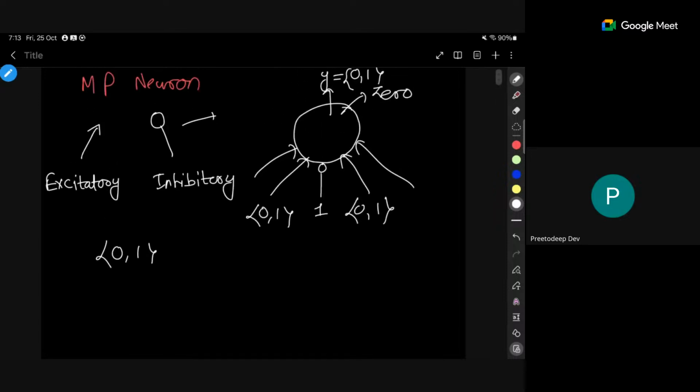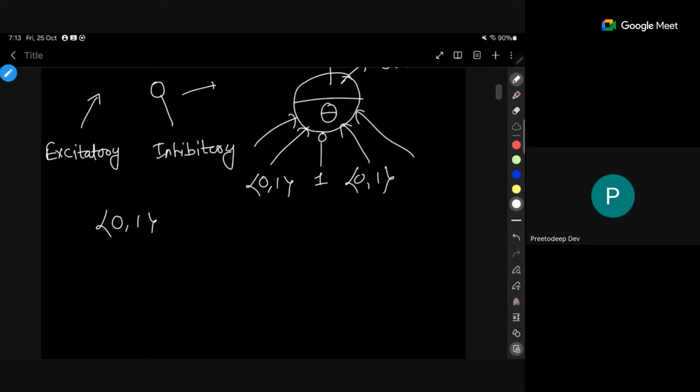Then comes the theta parameter, which is the threshold of this MP neuron. Looking at the function, we just sum up all the inputs. It makes sense with excitatory inputs, because the sum is meaningful. If an input is 0, it adds nothing to the summation.